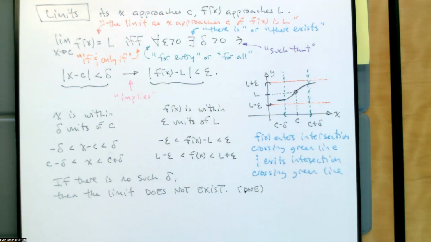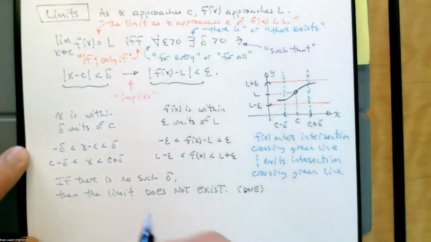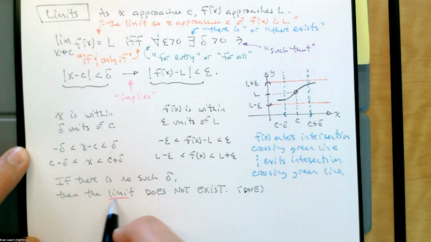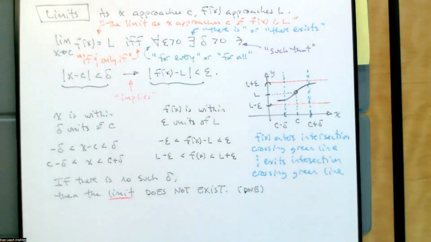Note that does not exist is a phrase that applies to the limit. It's the limit that doesn't exist. The delta also can't be found, so the delta doesn't exist, but we're specifically saying the limit does not exist. It's the limit that's doing the not-existing part. That makes sense?